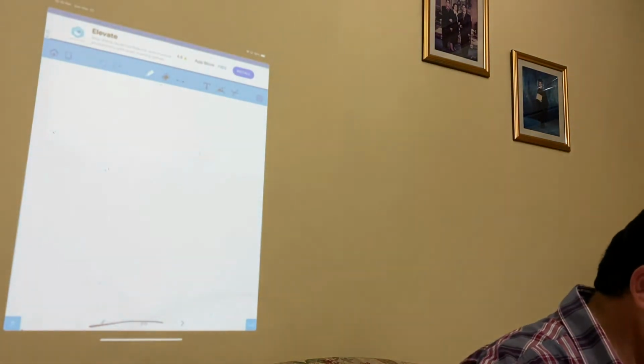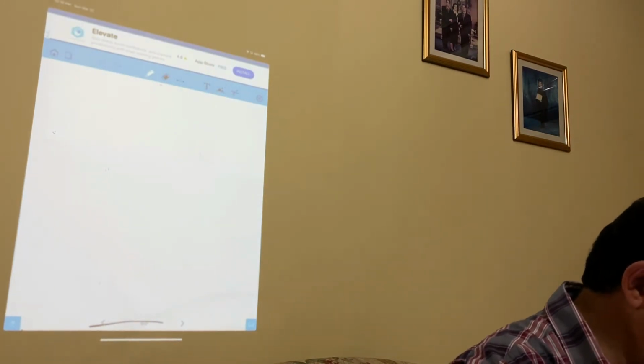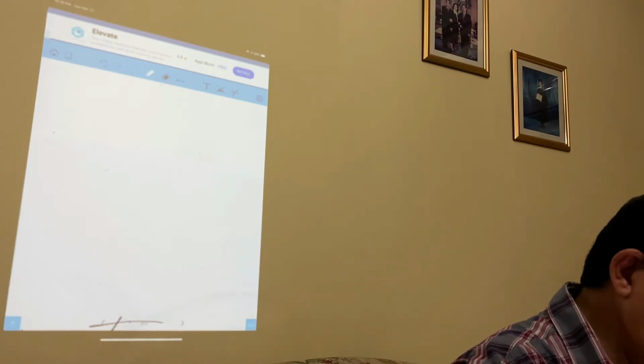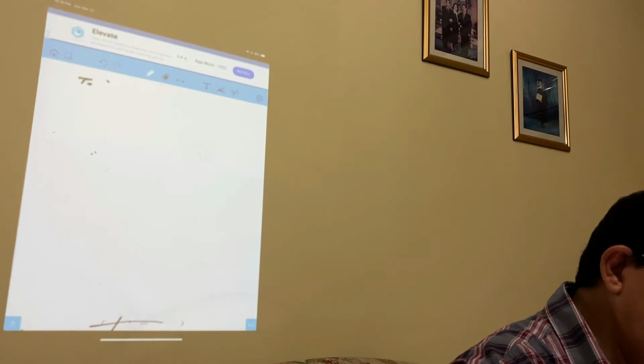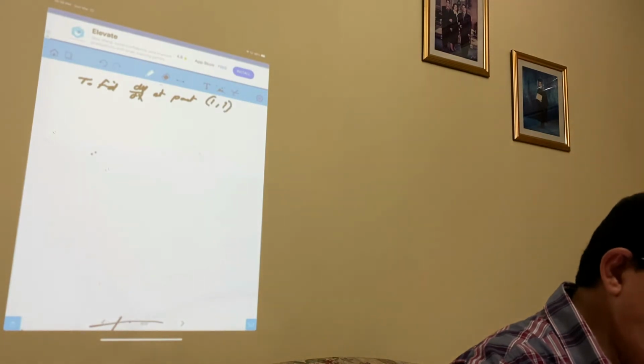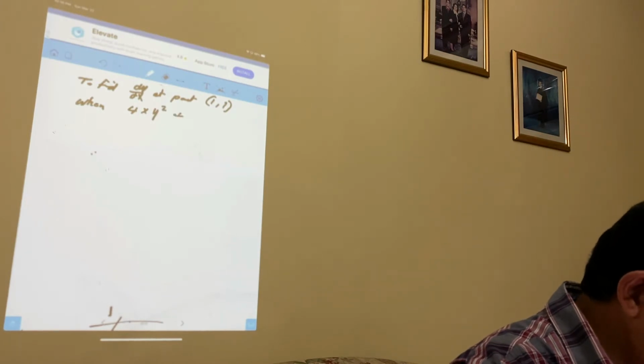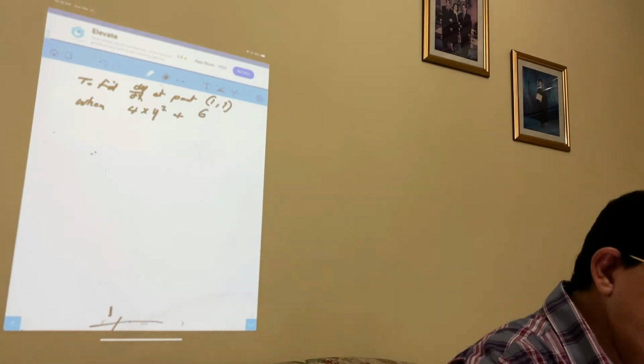Now, we are given this question. Find the value of dy by dx at the point (1, 1) when 4xy squared plus 6x squared over y equals 10.